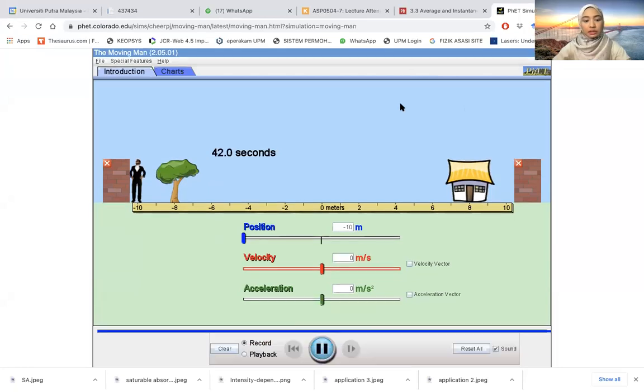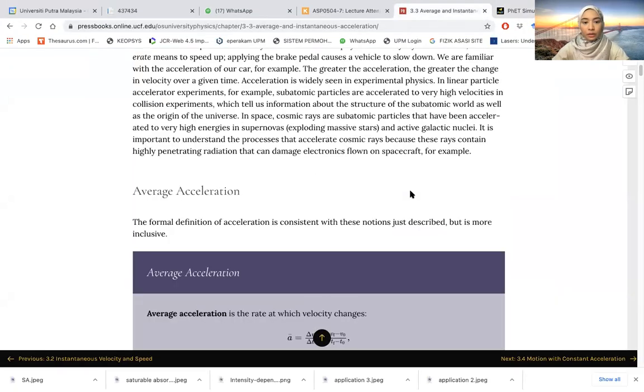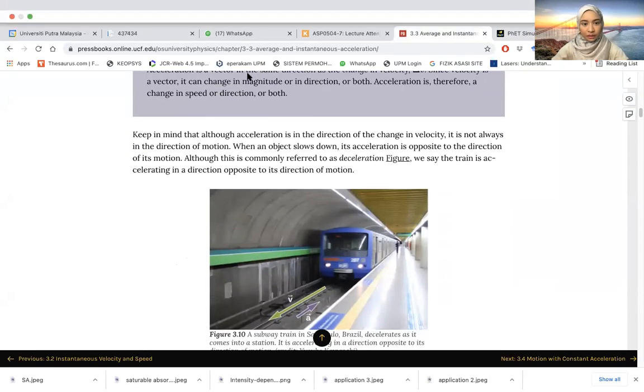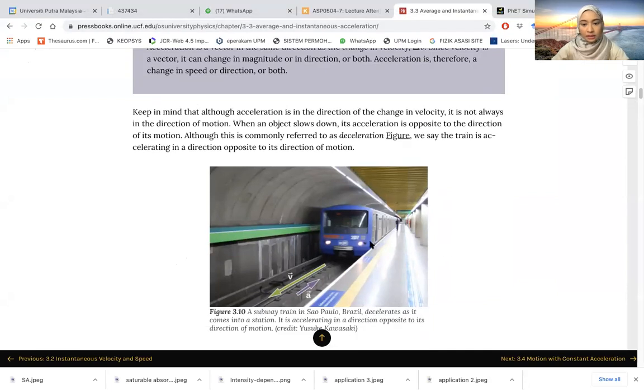Okay, let's talk about acceleration. Okay, so imagine lah. Look at this diagram. Kita biasa dengan train, right? Everyone has ride a train before. So a train, when it approaches the station, it goes slower, right? It moves from here to here.